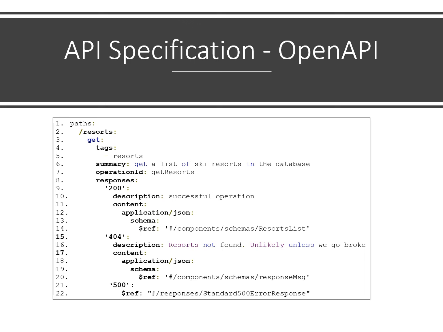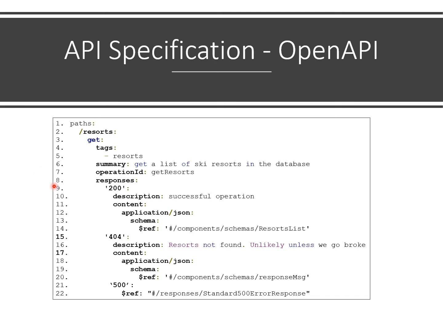HTTP APIs can be specified using a notation called OpenAPI. The latest version is 3.0 and a tool called SwaggerHub is the de facto standard to specify APIs in OpenAPI. The specification is designed in YAML, yet another markup language, and an example is shown on the slide here. It defines the GET operation on the URI /resorts.